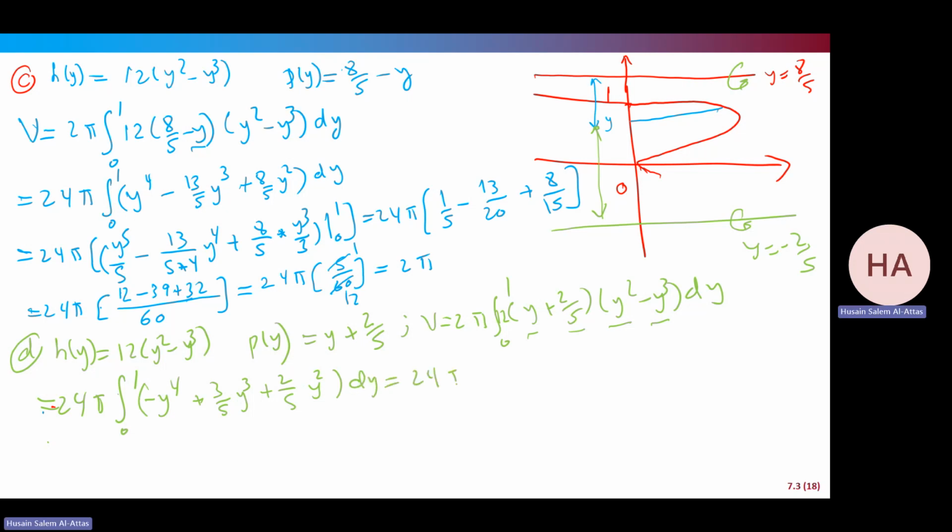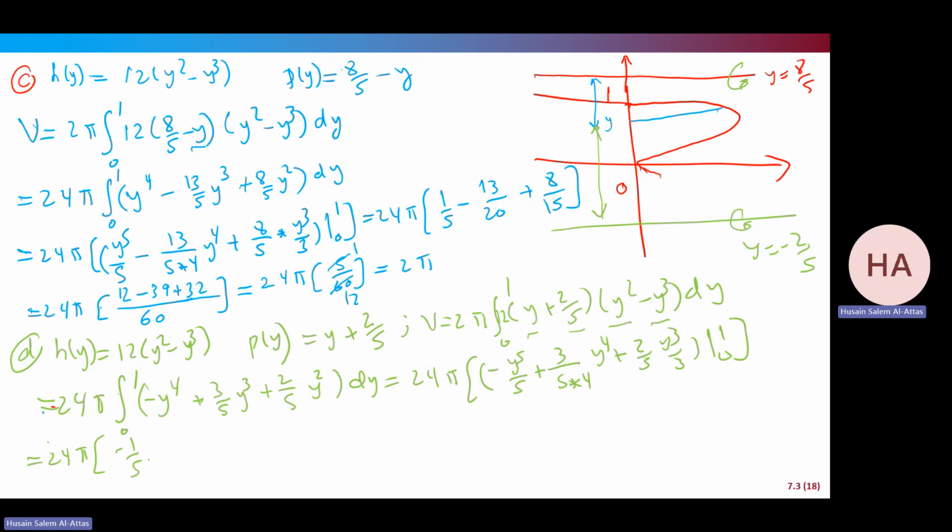That gives me 24π times minus y to the power 5 over 5 plus 3 over 5 times y to the power 4 over 4, plus 2 over 5 times y cubed over 3, from 0 to 1. I think it's almost the same as part C, but it's a matter of calculation. 24π times, that will be what?